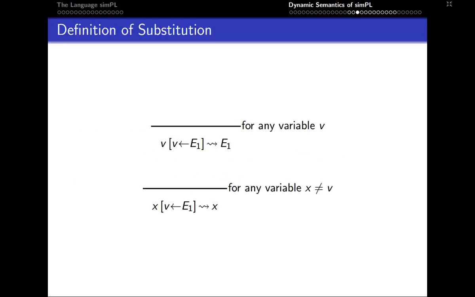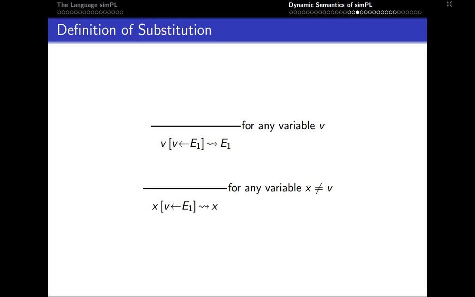So let's see how this works. If my expression is a single variable, then when I replace that variable by any expression E1, I should get E1. Very simple. Notice that V on the outside and V on the inside are the same. Now, what if they're not the same? Is that a valid case? Of course it is.